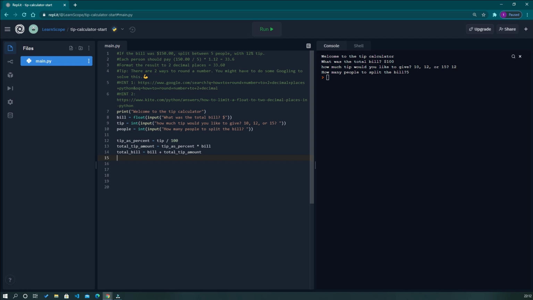Okay. I need to work out how much each person pays, so that should just be the total bill divided by how many people. Bill per person equals total underscore bill divided by people. Perfect.